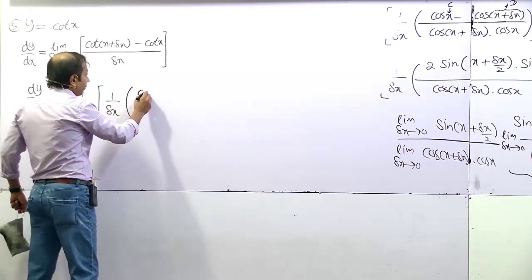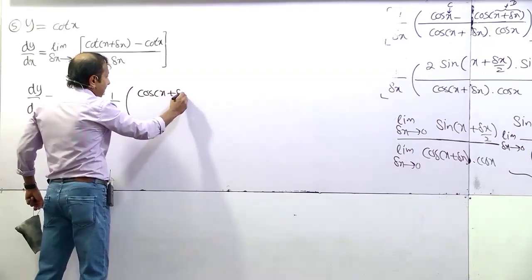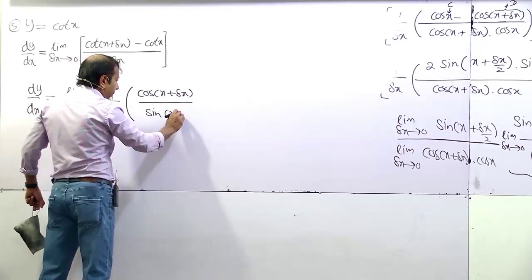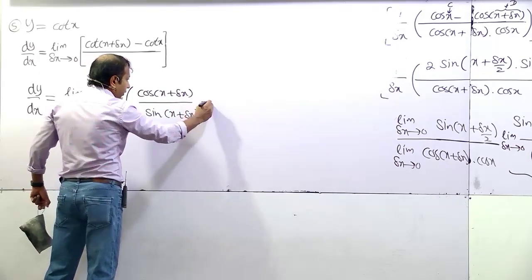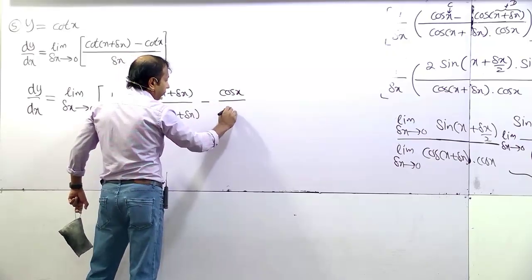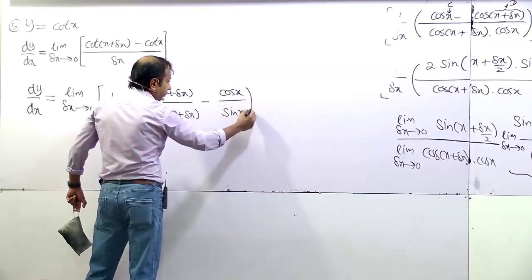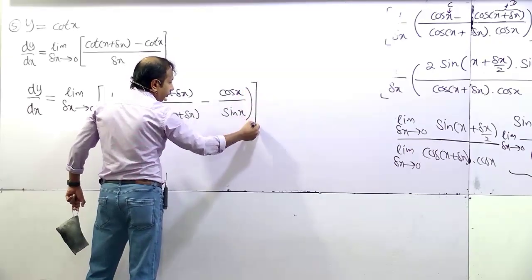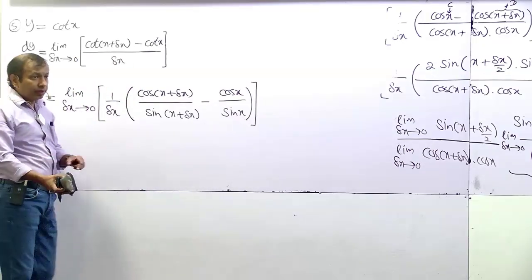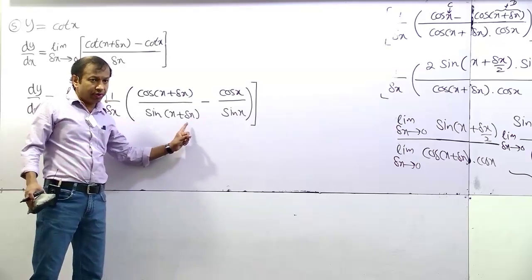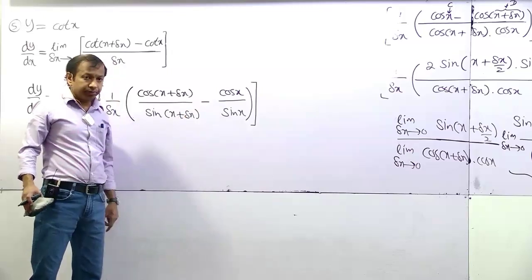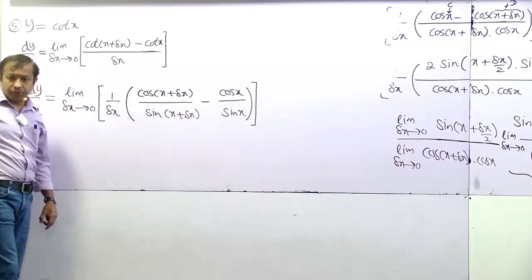Cos x plus delta x divided by sine x plus delta x minus cos x over sine x. Right. Now, here take the product of these two as common denominator, then this sin x come in here, this sin x plus delta x come in here. Yes. Now, then do this.